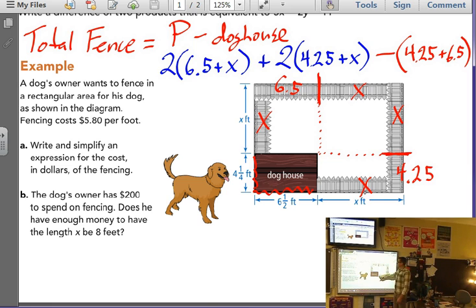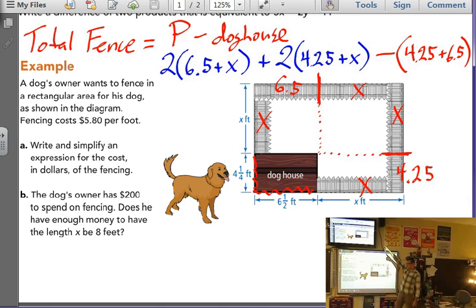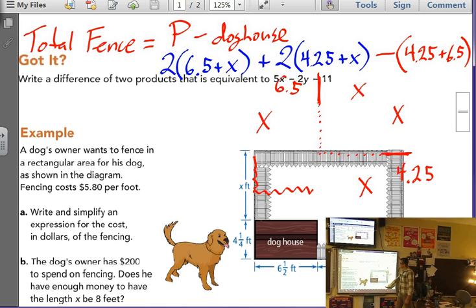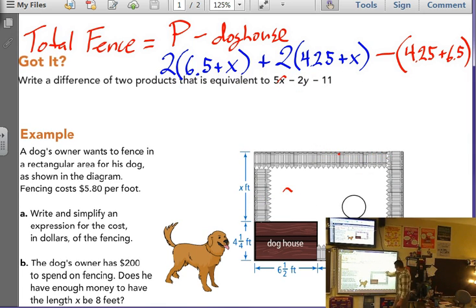So this is now going to become, and I'm going to work my smartboard to my advantage. Sorry that this is going to look a little messy. Look on the TV if you need to. I'm going to drag this down so that I can keep writing. When I distribute all this for my first expression, what do I get?